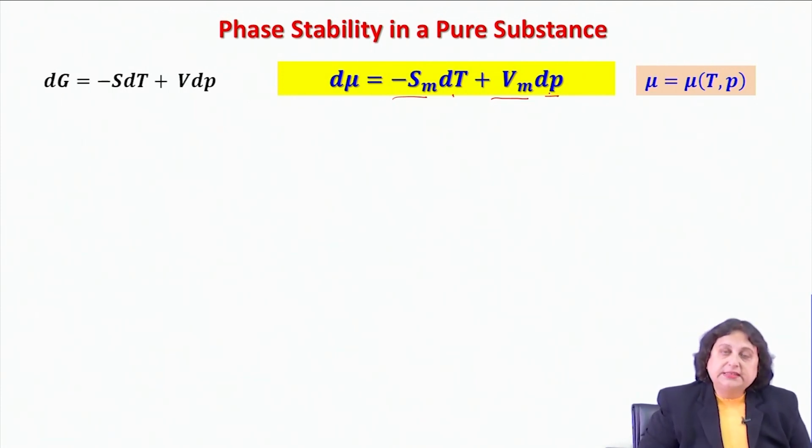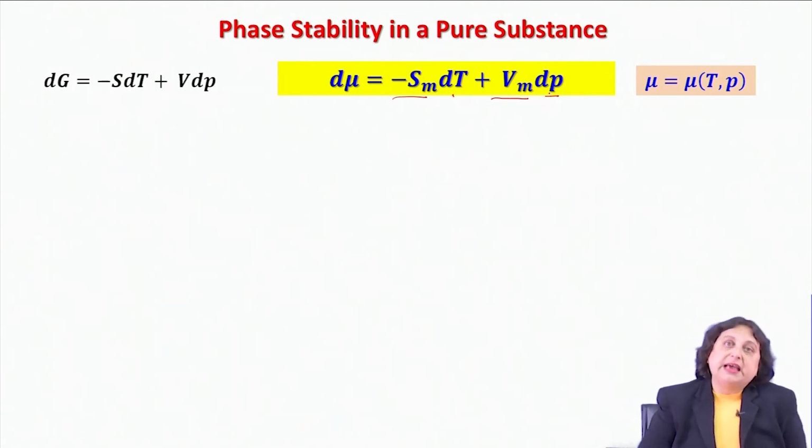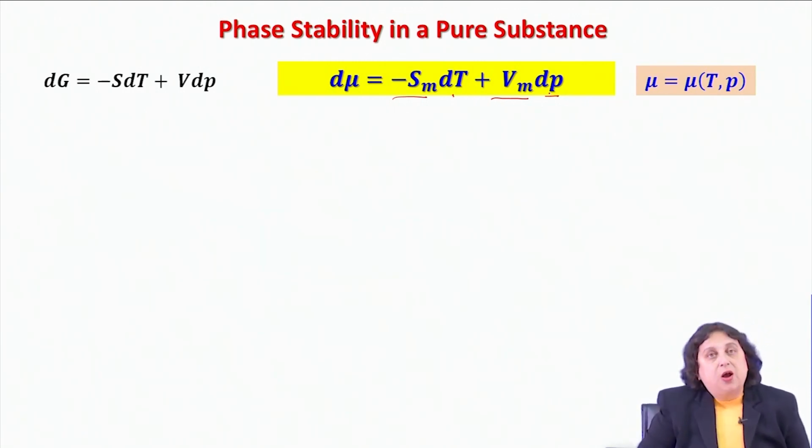Therefore, I can vary temperature keeping pressure constant, or else I can vary pressure keeping temperature constant. My question is, can I now examine the stability of different phases of a pure substance when I vary temperature or pressure keeping the other quantity constant?